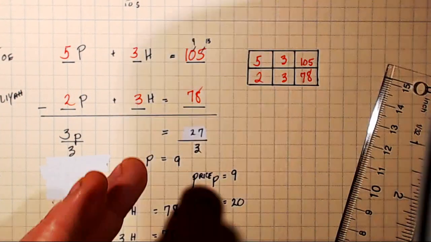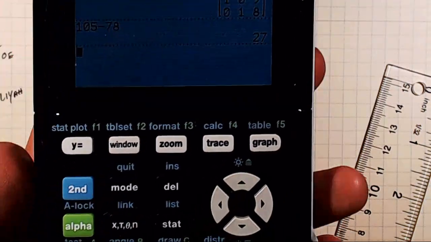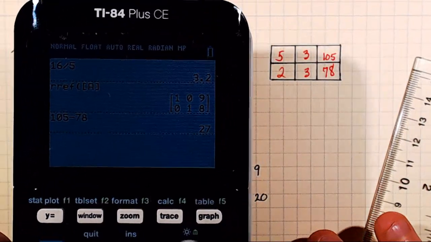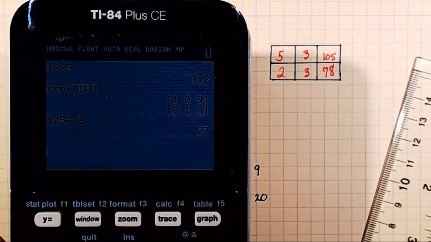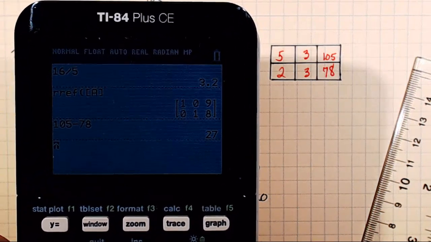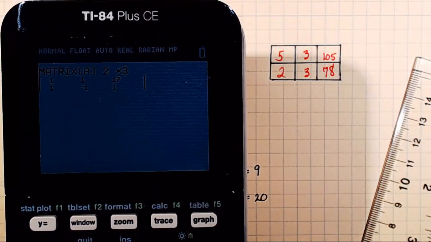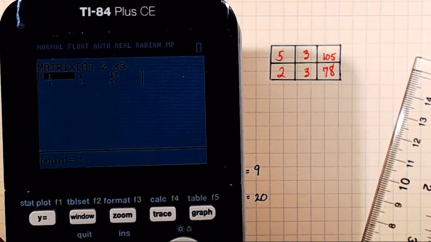All right. We'll actually use the data that we already entered. The table structure we already entered in our matrix. So we'll go back to second matrix, go over to edit, and hit enter there. We can actually just replace these values.